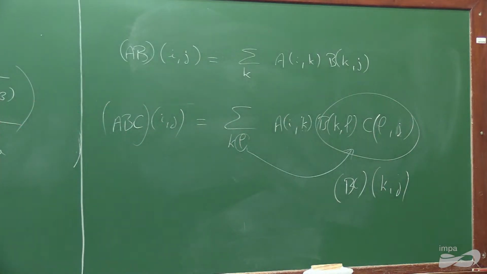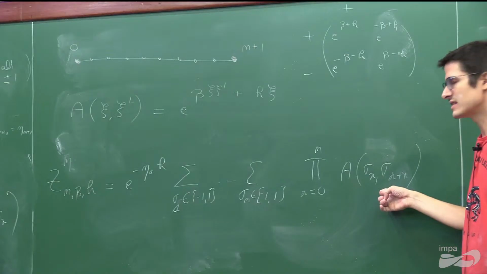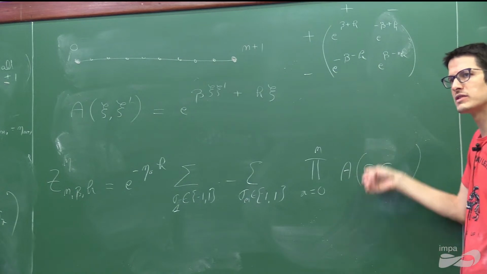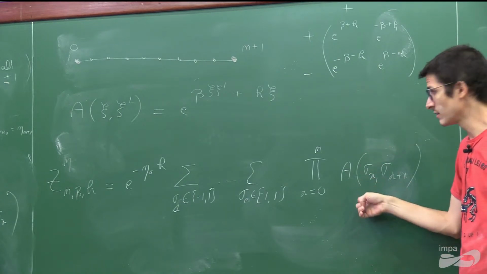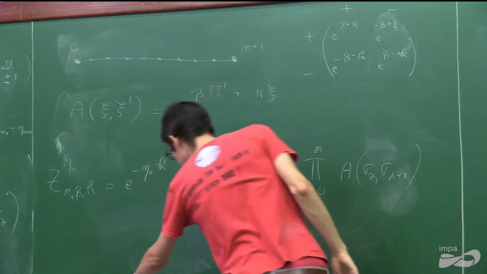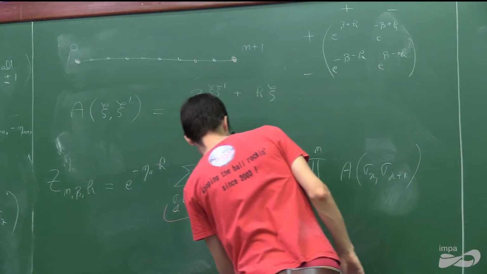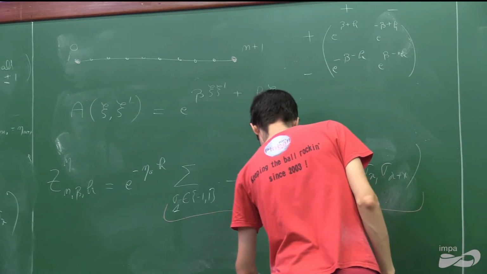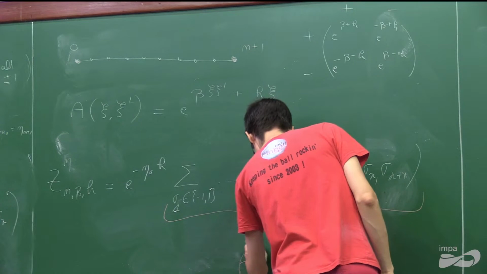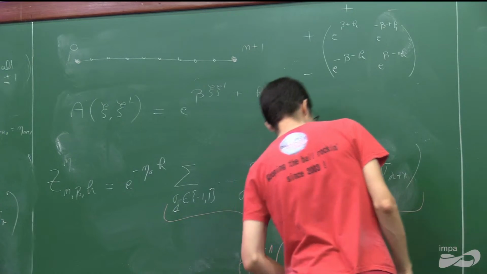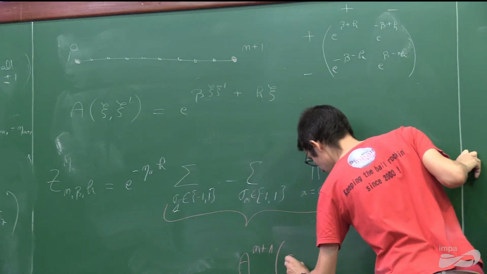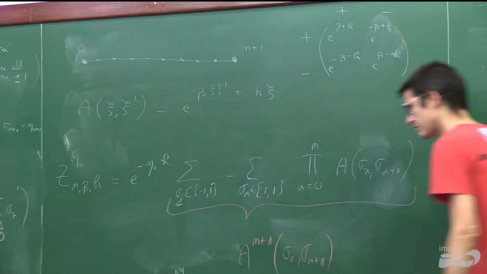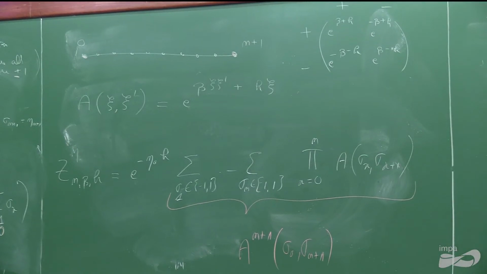So now I have exactly this. I have a big product where I'm summing over all possible intermediate coordinates. So this whole thing here is just equal to A to the power n plus 1 evaluated at sigma 0, sigma n plus 1.